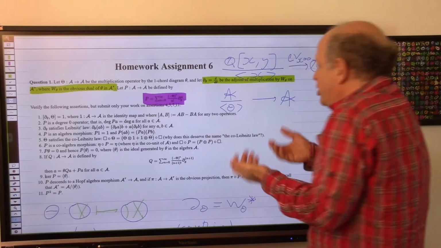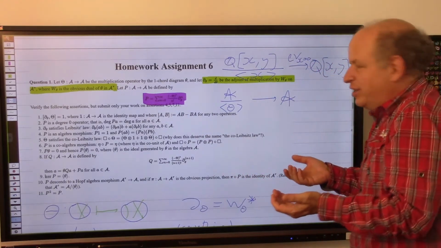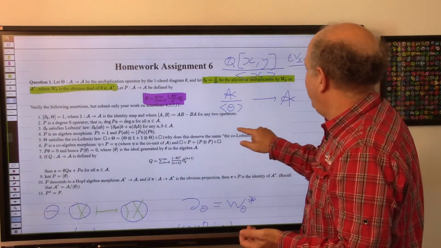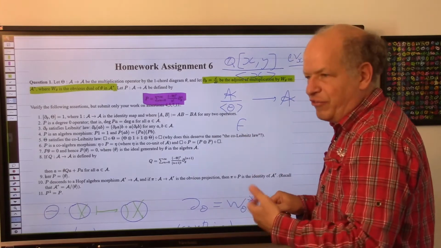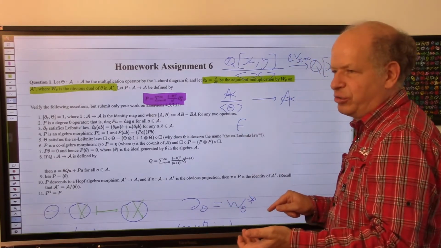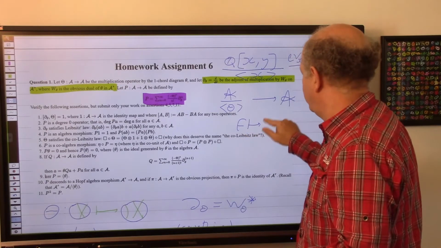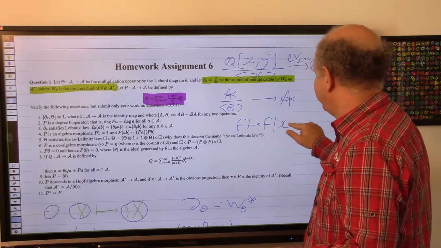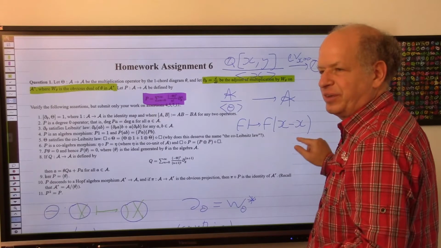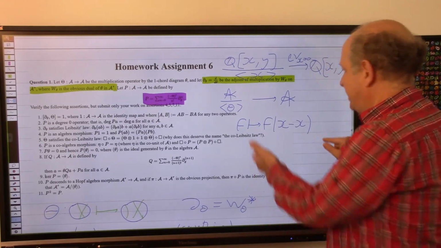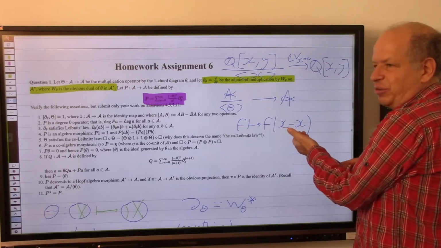Okay? And fortunately, there is a way to do it. Namely, if I had a function f and I wanted to evaluate it at x equals 0, I would write f goes to f of x minus x. Well, that's the same as evaluating it at 0.